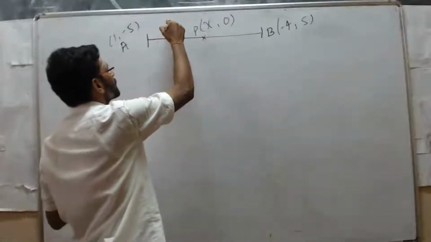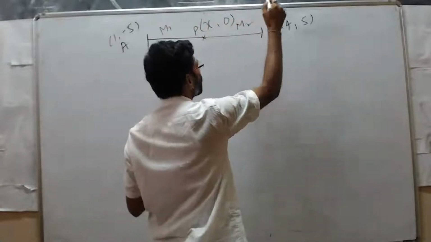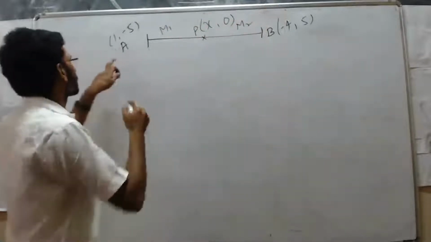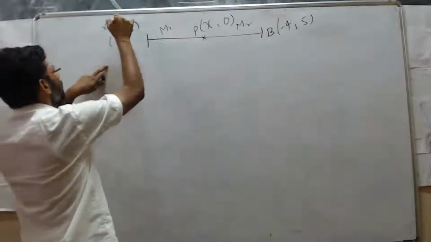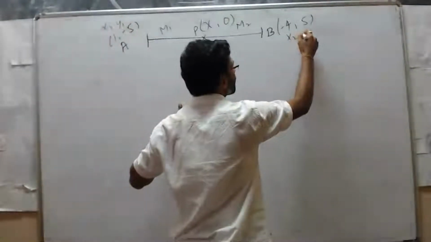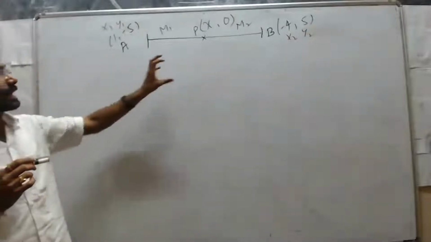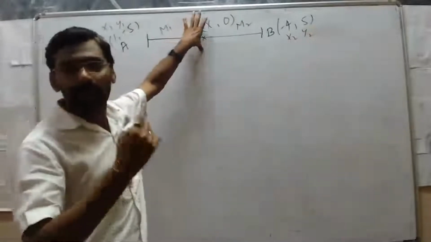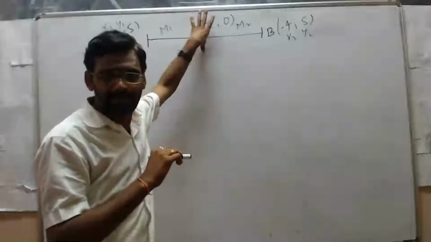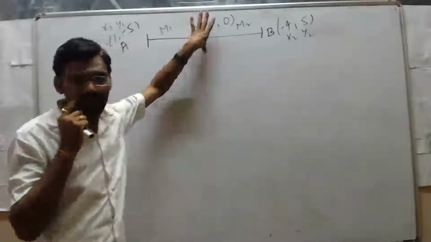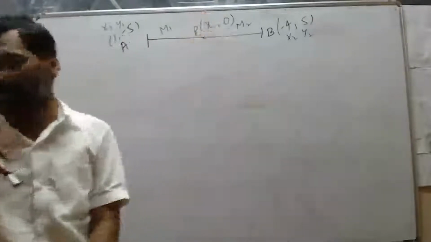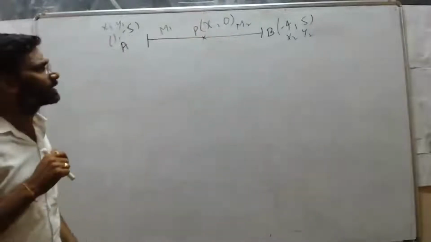Now it is m1 and it is m2. We have to find the ratio, so it is considered as x1, y1, and x2, y2. Since it is divided by the x-axis, therefore the coordinates are x comma 0.